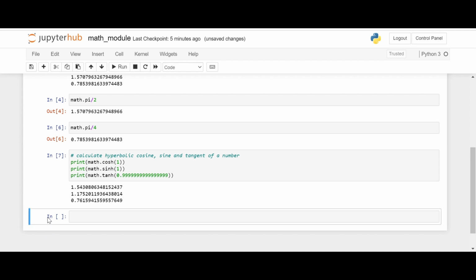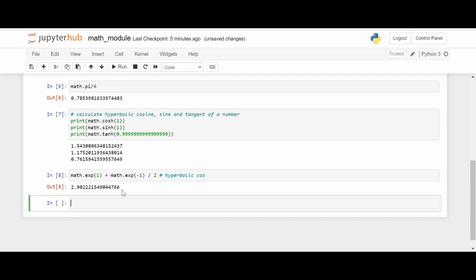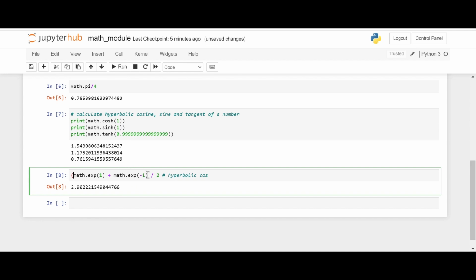So this is what is happening here. exp 1 plus math.exp minus 1 divided by 2. This is the formula of hyperbolic cos. Sorry, forgot to put the bracket.